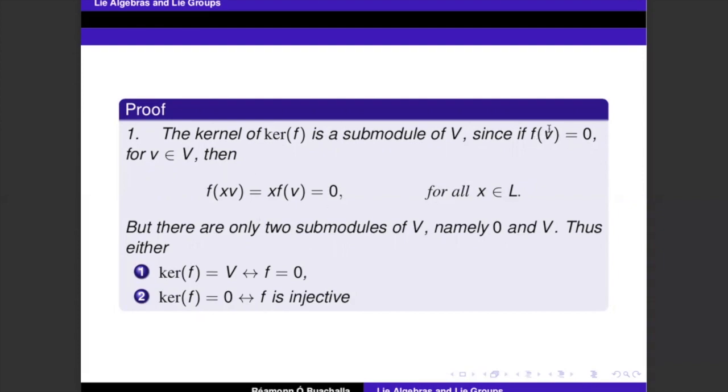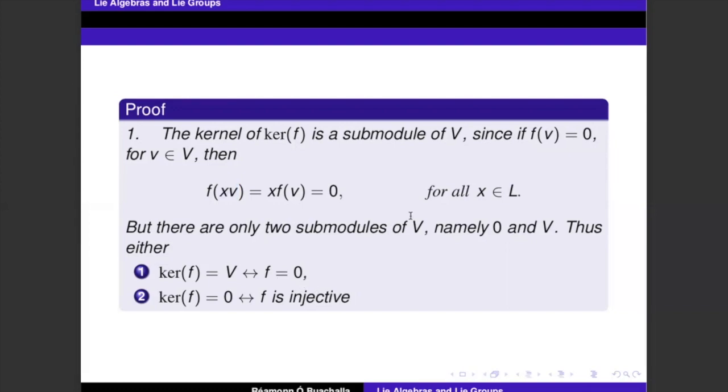If f kills some element v of V, then f of x v for x in L is, by assumption, linear over x. So we bring the x out, then we've got x f of v. Of course, this is 0, x on 0 is 0. Therefore, this new element is again contained inside the kernel, which is to say the kernel is closed under the multiplication of L, which is to say that the kernel is a submodule of V.